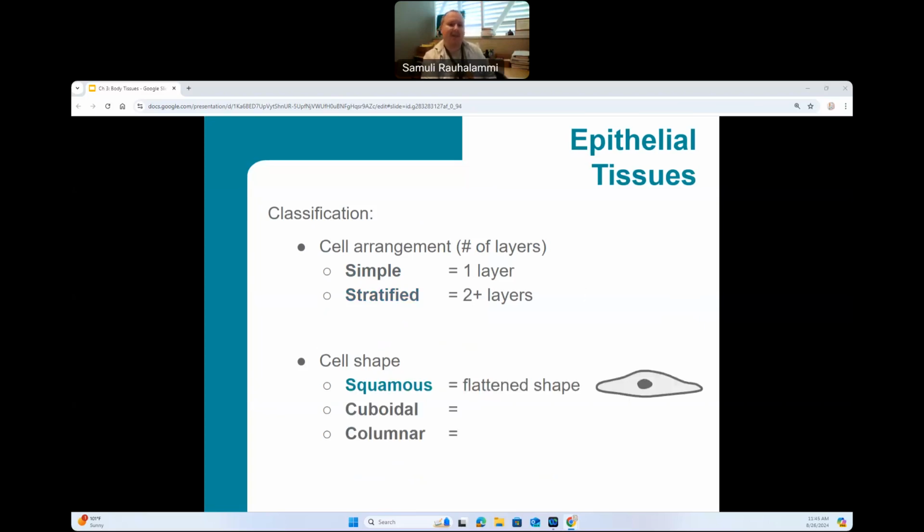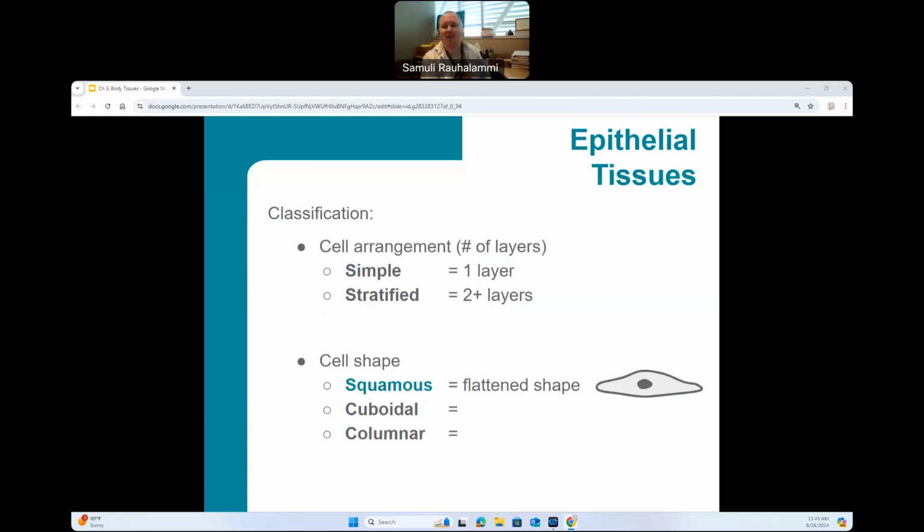And let's have a look at the cell shape in classification of epithelial tissues. When we talk about squamous epithelial tissues, these cells at the outermost layers particularly appear almost like flattened discs. Often textbooks describe these like fish scales.